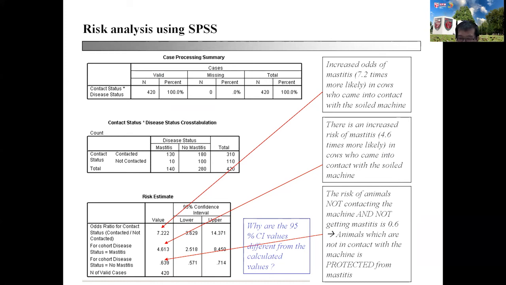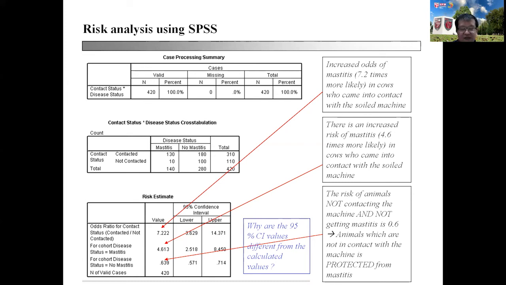And how do you know they are significant? If the lower to the upper range does not include 1. If it includes 1, even though you have a risk estimate value here, it is considered null and void. In this particular case, you can see 7.22 is valid. It's statistically significant because it is ranging from 3.6 to 14.4. Whereas 4.6 is also valid because it ranges from 2.5 to 8.4.